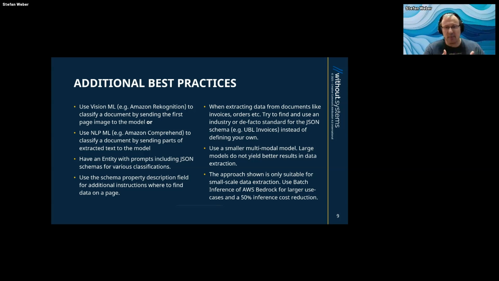This will help the model to better identify where specific information is located, and in some cases offer some numbers. It's good to provide additional information on where a specific piece of information is typically located.